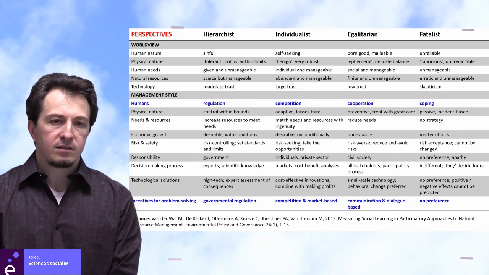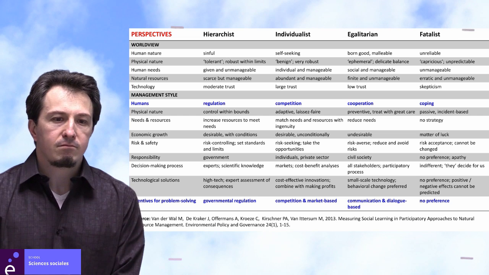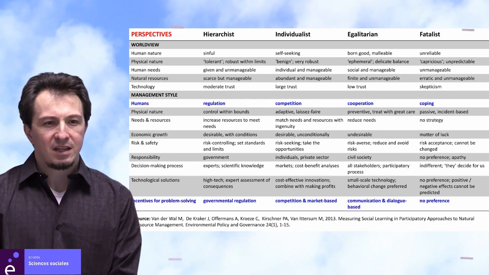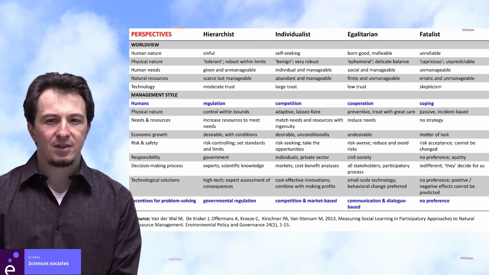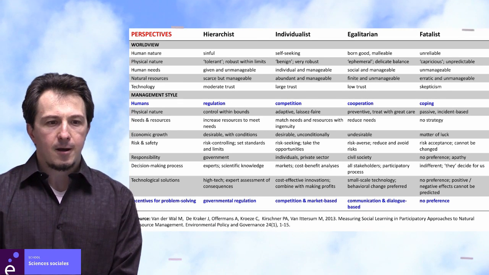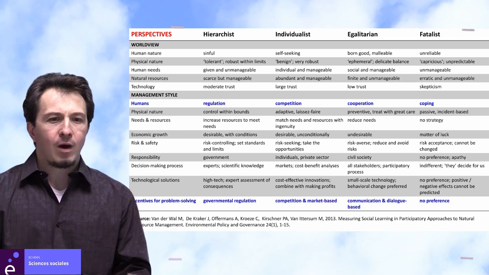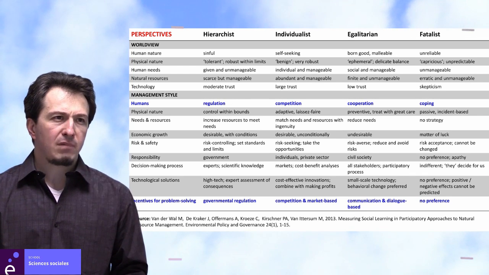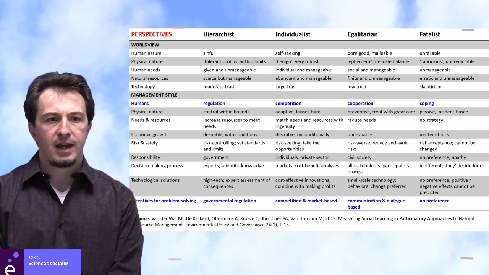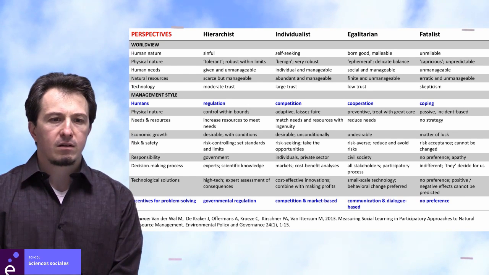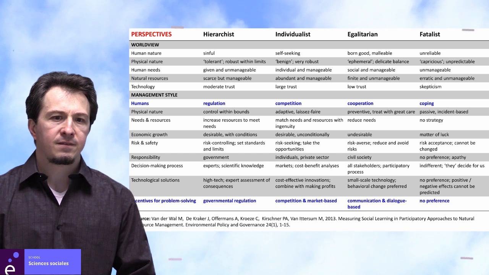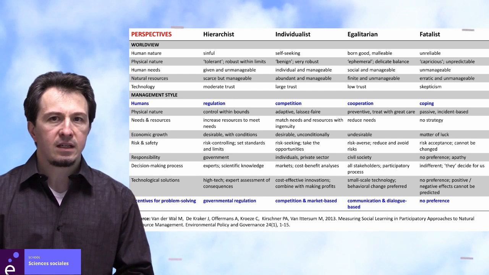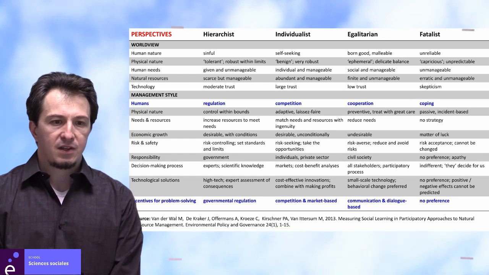The researcher identified three major worldviews plus one: hierarchist, individualist, egalitarian, and fatalist. Why these four? Because you will see that people make their choices and explain their actions in a coherent way. They have some issues and some concepts that they use constantly, and you can identify those.